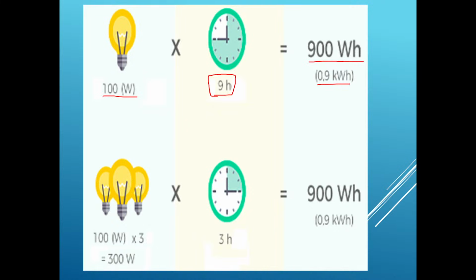you will get 0.9 kilowatt hour. Similarly, if we have more than one lamp, let us assume there are 3 lamps. Rating of each lamp is 100, so total wattage is 300 watts.